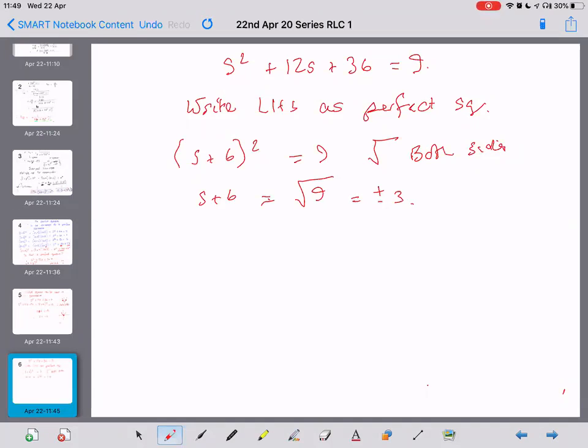The square root of 9 can be plus or minus 3. Therefore, s is equal to plus 3 minus 6, which is minus 3, or minus 3 minus 6, which is minus 9. Everybody else follow that? Good.